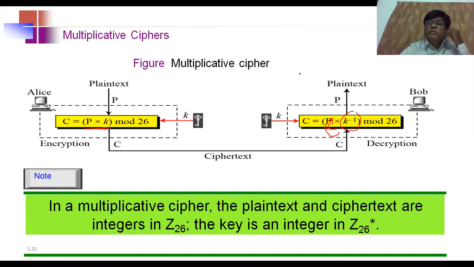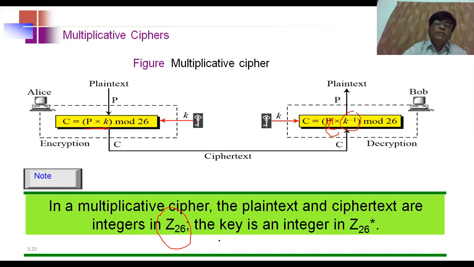Since I perform the multiplication operation with the key and the multiplication operation with its inverse key, I should use specific integers for the keys. In the multiplicative cipher, the plain text and ciphertext are integers in Z26. There is no change in the plain text characters and ciphertext characters. Those characters are the integers in Z26.